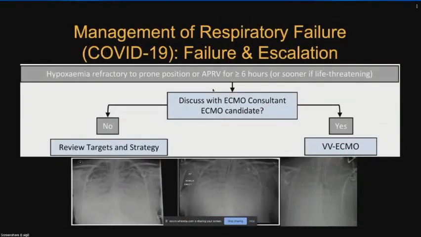Clearly, there is the phase where, after trying prone position or a pulmonary vasodilator for at least 6 hours, or clearly sooner if life-threatening, we need to make a decision if everything fails. And clearly, in some patients, you can see the chest X-ray below, there might be a rapid fulminant progression of the disease to a hyperinflammatory state that might need extracorporeal support, and oxygenation cannot be maintained just with conventional treatment.